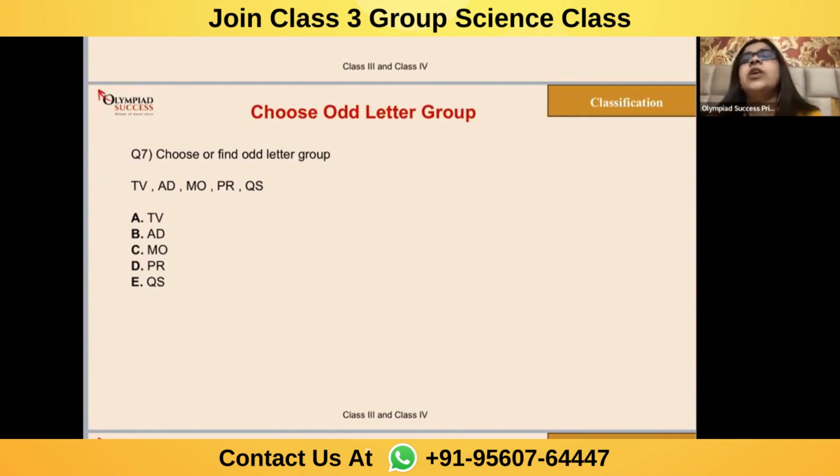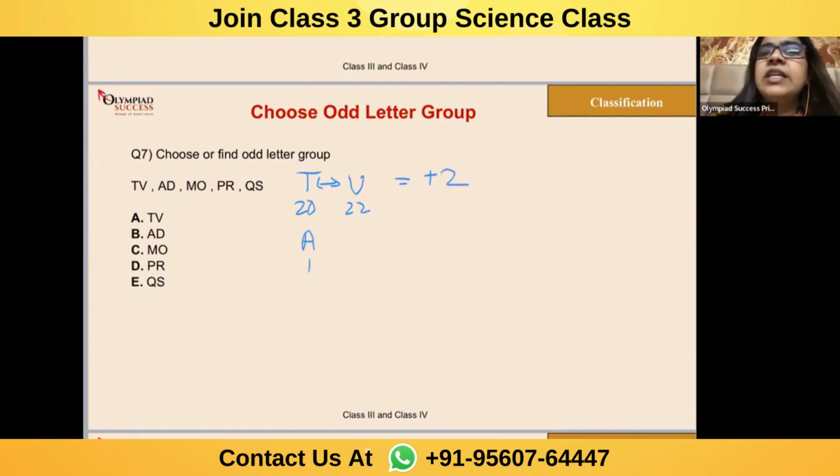As we discussed, T is 20 and V is 22, so the gap is plus 2. Similarly, A is 1 and D is 4, so the logic is plus 3. M is 13, O is 15, and the logic is plus 2. I already know my answer, but I'll confirm.